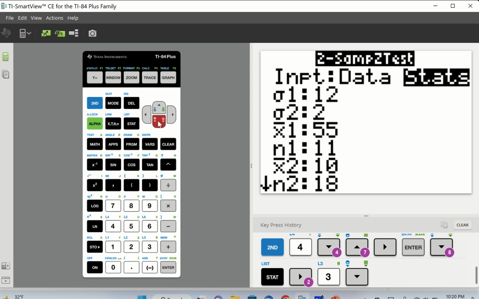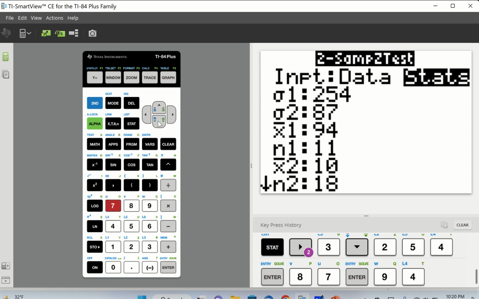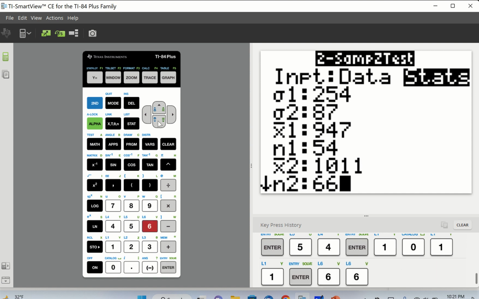Population standard deviation 1 was 254. Population standard deviation 2 was 87. Sample mean for the first sample was 947 with sample size 54. Sample mean for the second population was 1011 with sample size of 66.